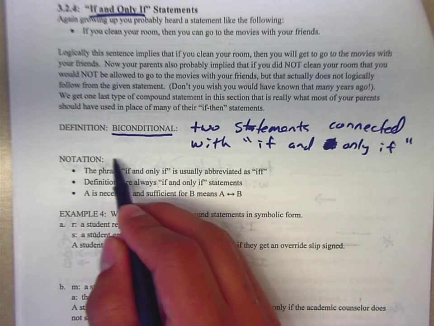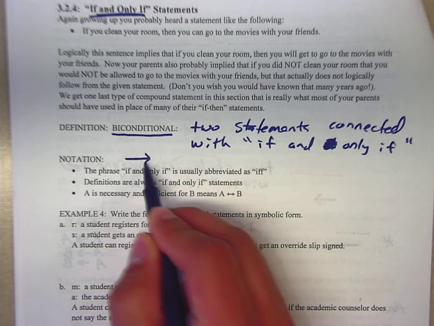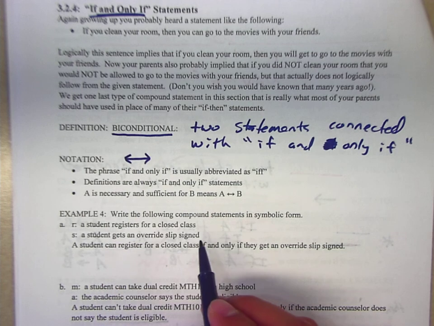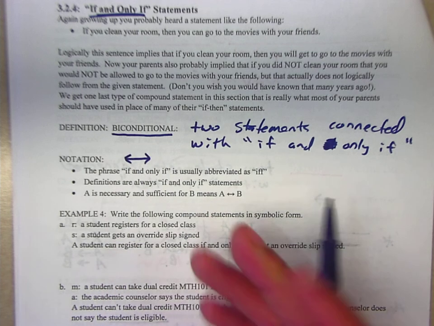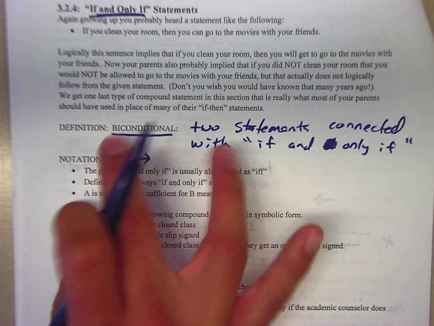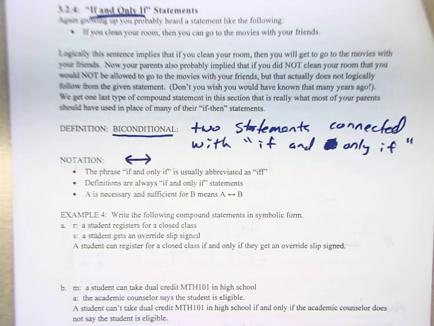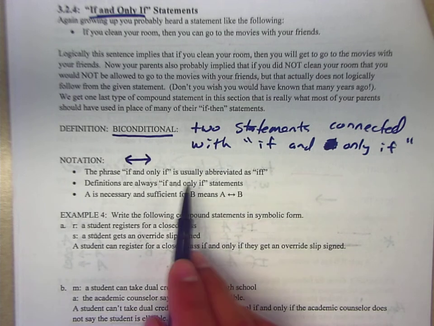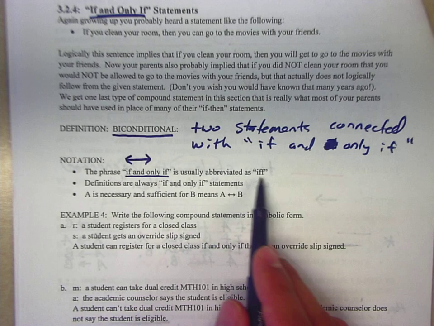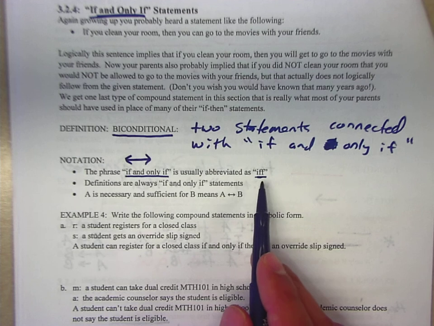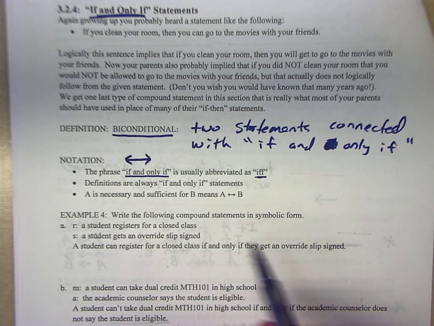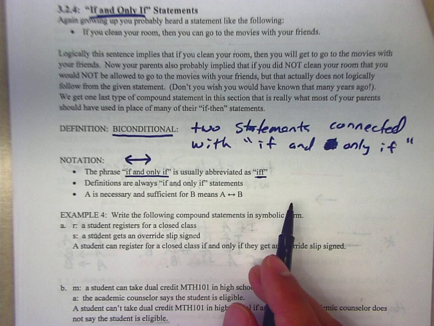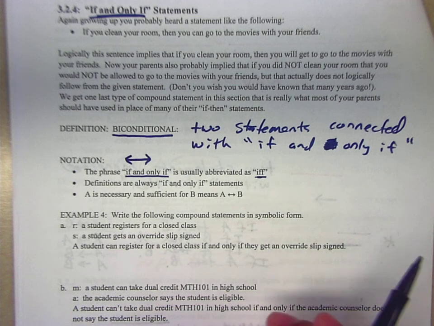And here is the symbol for a biconditional. It's just a double arrow. Okay? And this is kind of indicative of, you can't have one without the other, right? And so a couple of things. If and only if, sometimes you'll see this abbreviated in math with IFF, okay? Mathematicians and math people by trade are a little lazy, so anytime they can shorten something, they will.